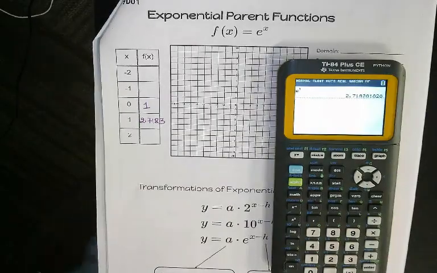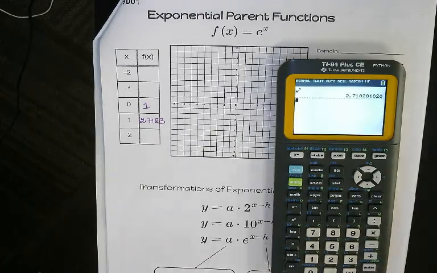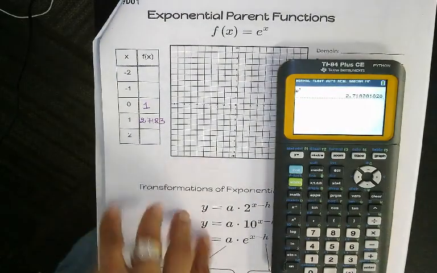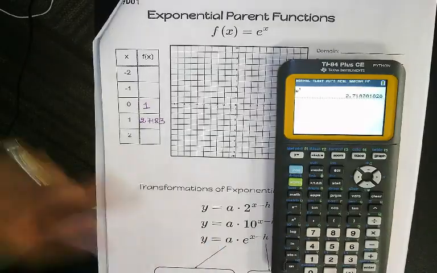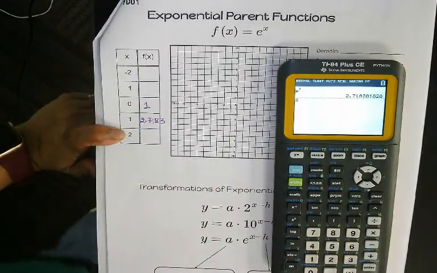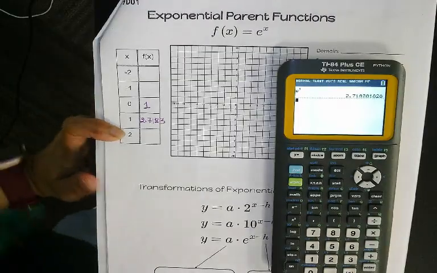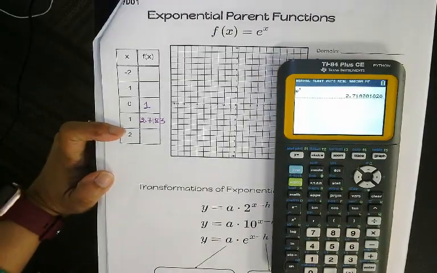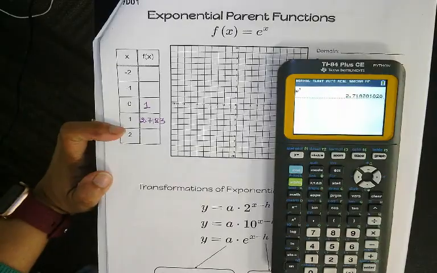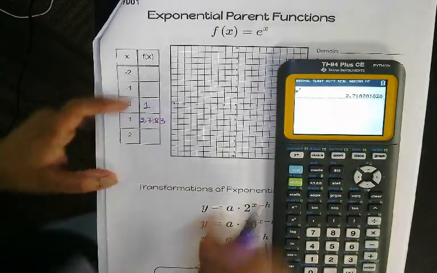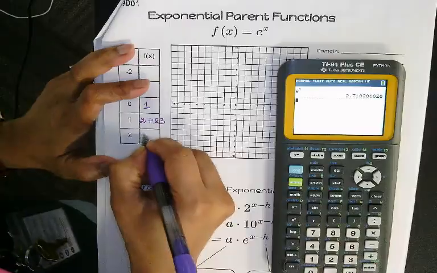I'm going to call on somebody to get the value. Give me the value for e squared. 7.389. 7.3891.